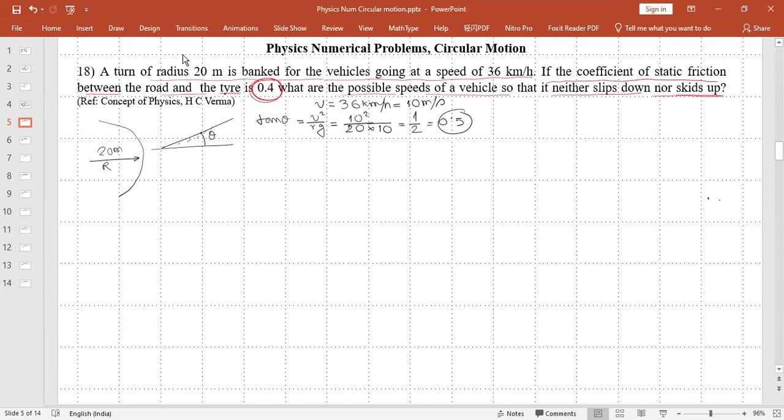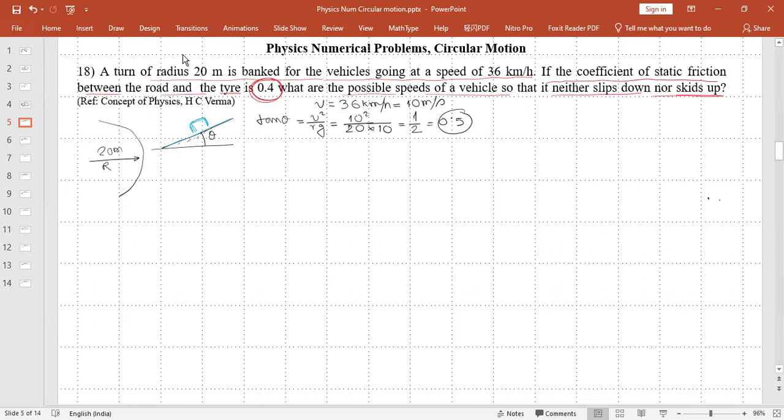It is actually like this. Suppose this is a road bank and the car lies in this direction, inclined with the vertical.